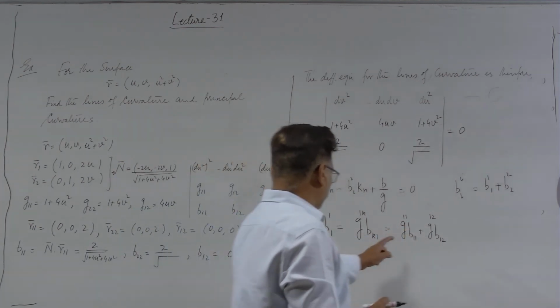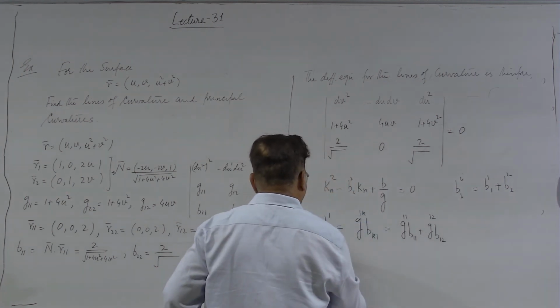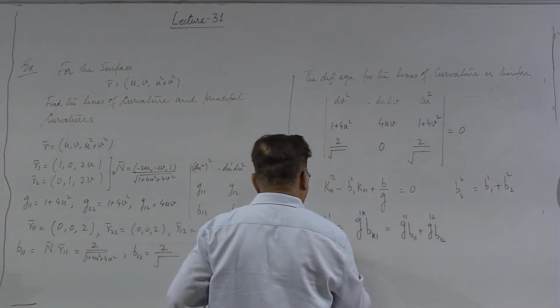So, in order to find the upper Gij's, for example, G11, it is what?